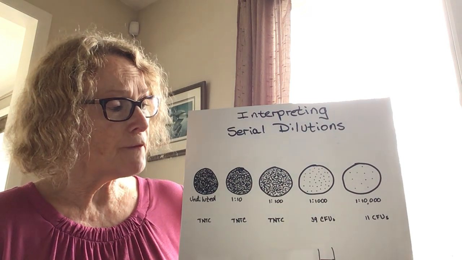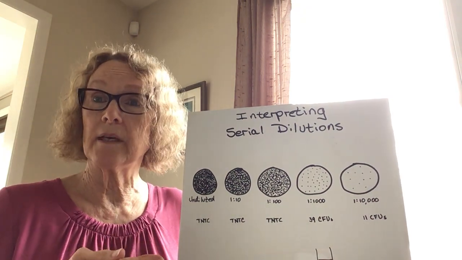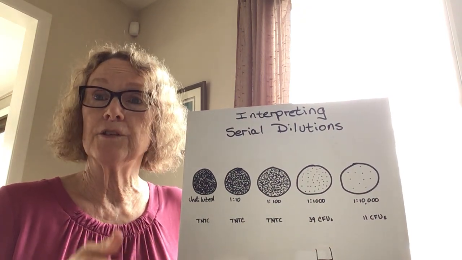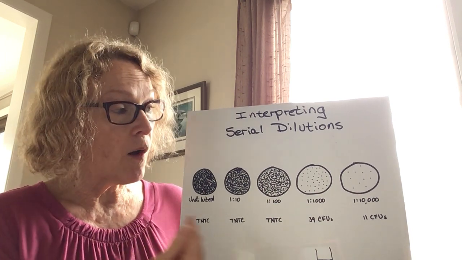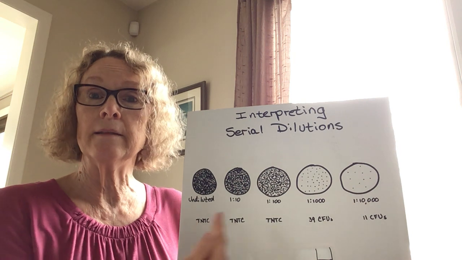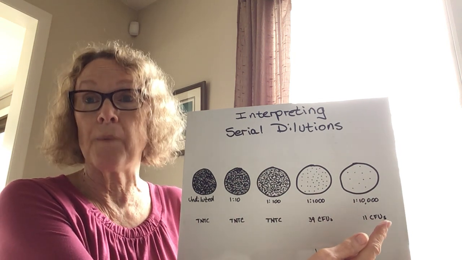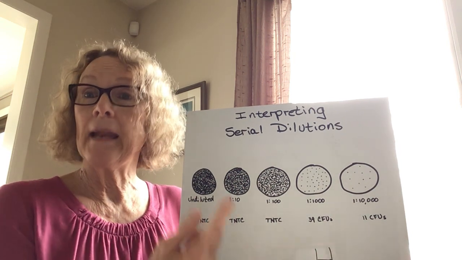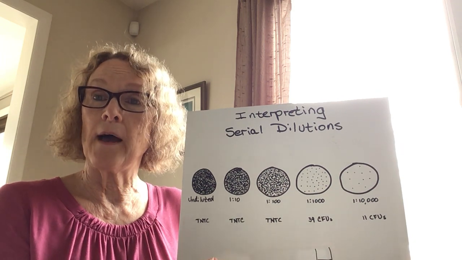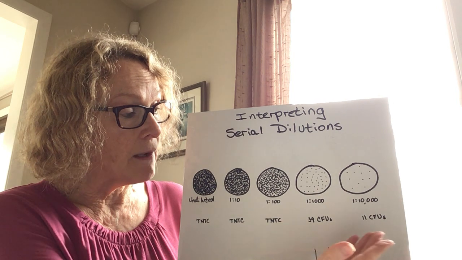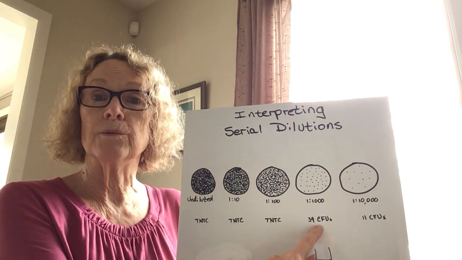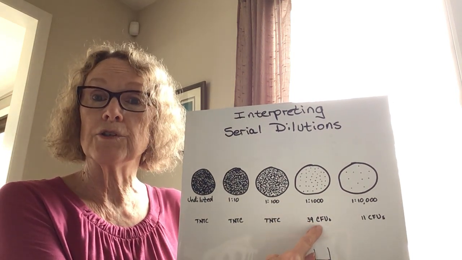So for our purposes, we're going to stick with 25 to 250 as our range. So we can only use the plate from this serial dilution that has between 25 and 250 colonies. And of course, when you look at our results, the only one that we can use is the 1 to 1,000 dilution.